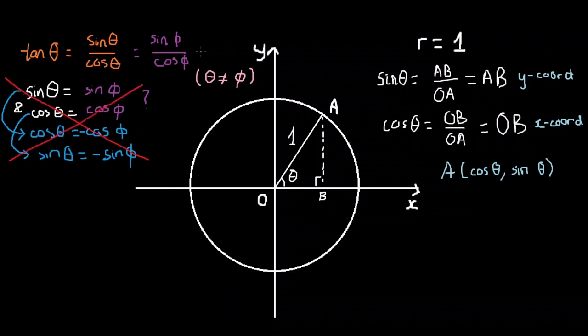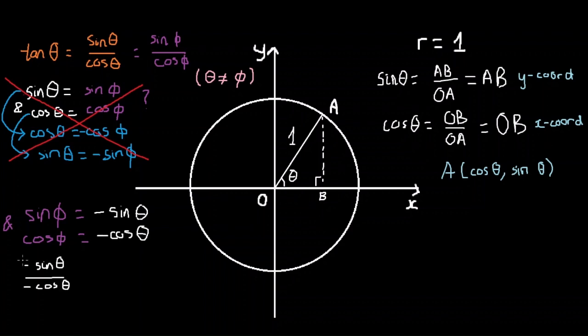So what can we look for to fulfill this condition? If both sine phi and cos phi are negatives of sine theta and cos theta, then when we divide sine phi by cos phi, the negative signs will cancel out, giving us an answer equal to tan theta.